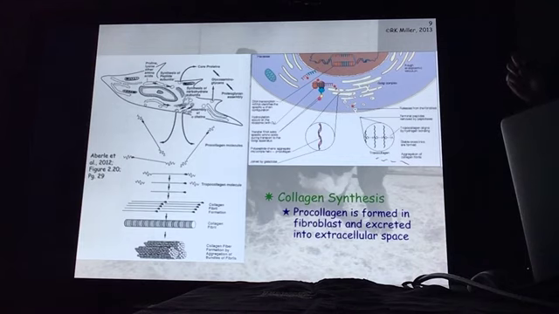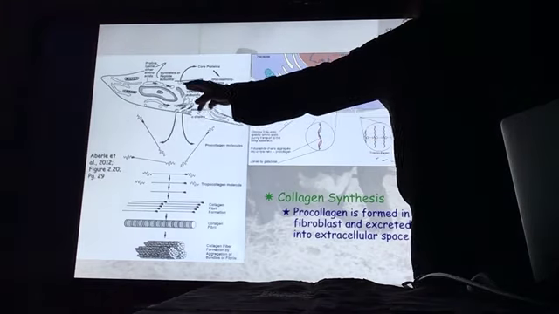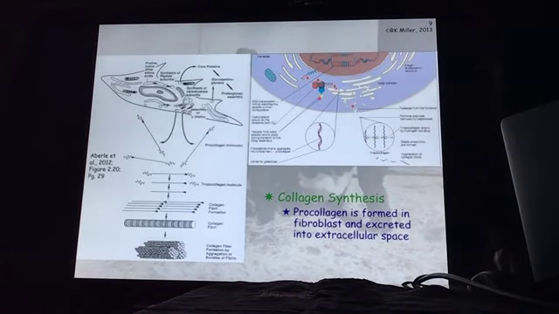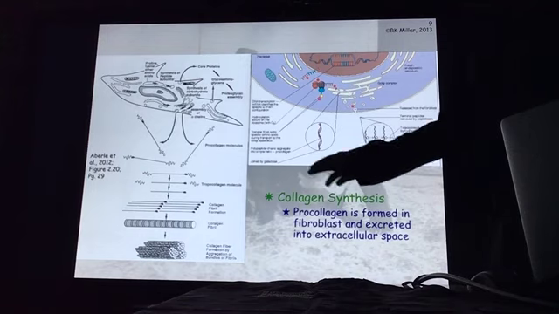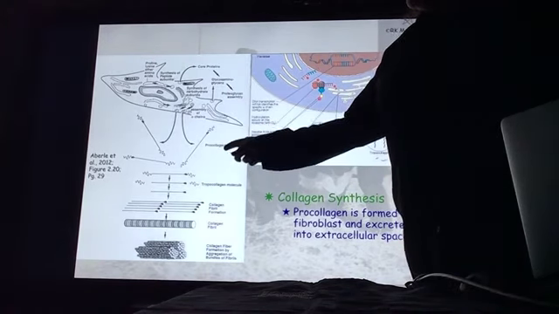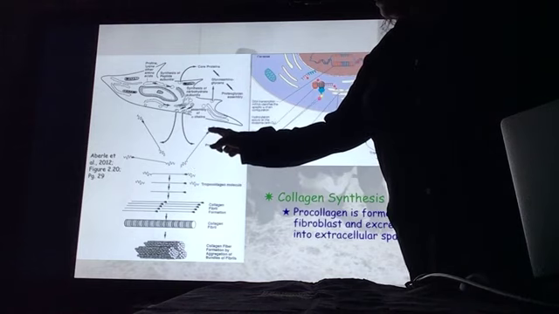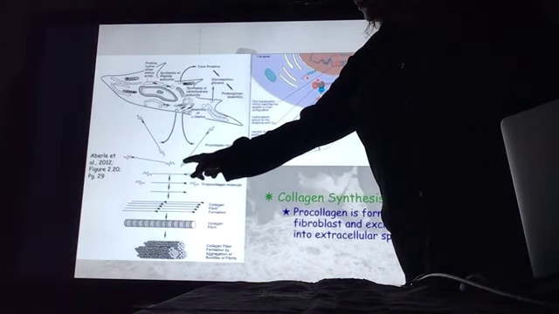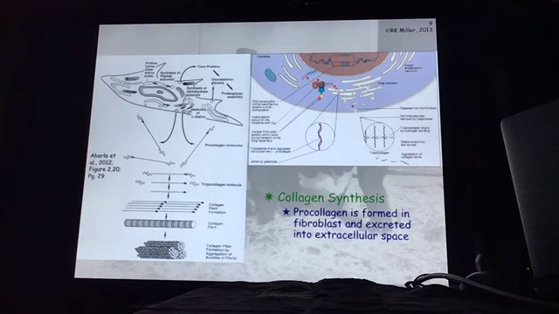To produce tropocollagen, the fibroblast, when given the signal that new tropocollagen is needed, either repairing a tendon or repairing the connective tissue matrix, actually produces a protein called procollagen. Procollagen differs from tropocollagen in that it has extra side chains on both ends of the protein.